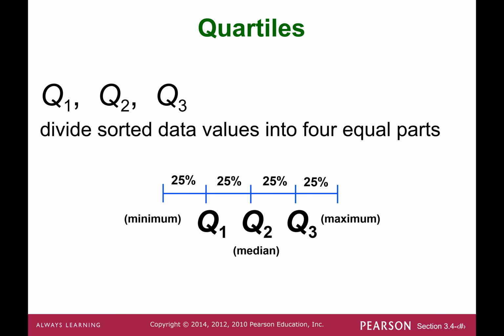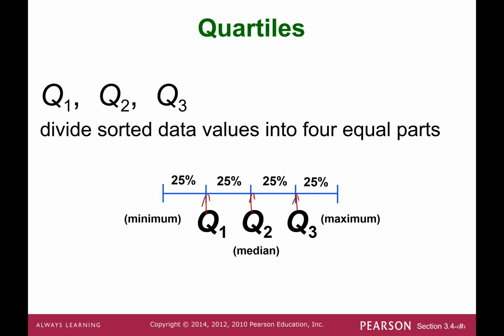Visually speaking, you can look at it like this. Quartile 1 is located right here, separating the bottom 25% from the top 75%. Quartile 2 is right in the middle, separating the bottom 50% from the top 50%. Quartile 3 separates the bottom 75% from the top 25%.